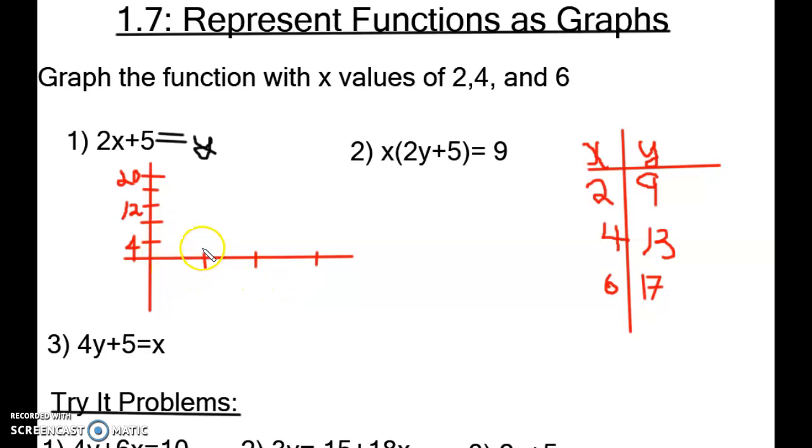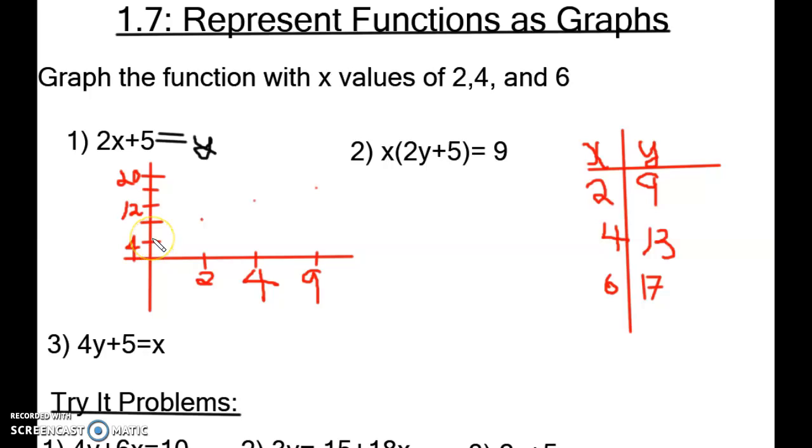So 2, comma 9 should be about, if that's 8, so your 9 will be right about there. When x is 4, it's 13. That's 12 right there, 13 will be right there. When x is 6, it's 17. That's 16, so 17 would be right up there.